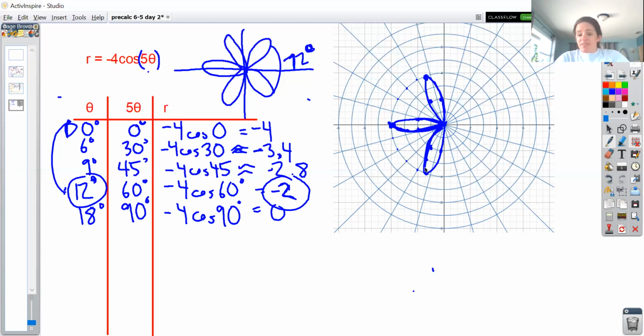Then I'm going to go another 72 degrees away. So I'm aiming for 144 total, right? So from the first petal. So this is 90 degrees, and then 105 degrees, and then 120 degrees, and then 135 degrees. So if I'm going for 144 degrees away from the first petal, then that would land me right there.